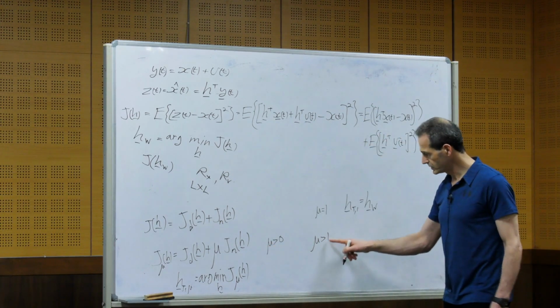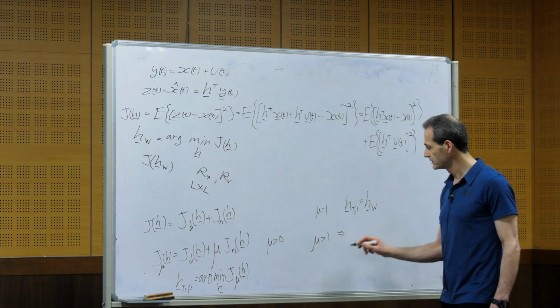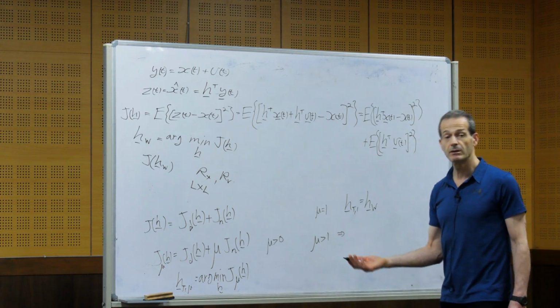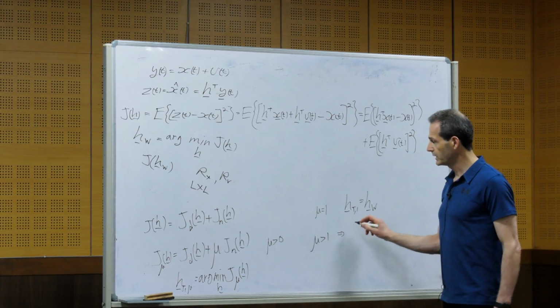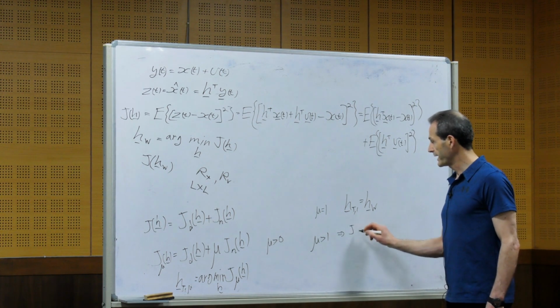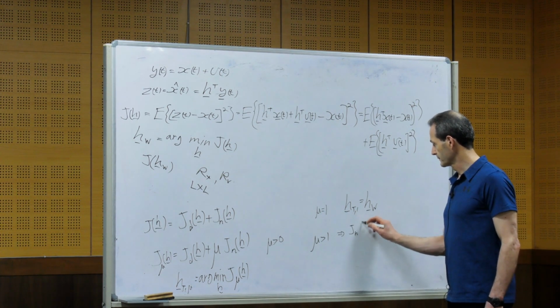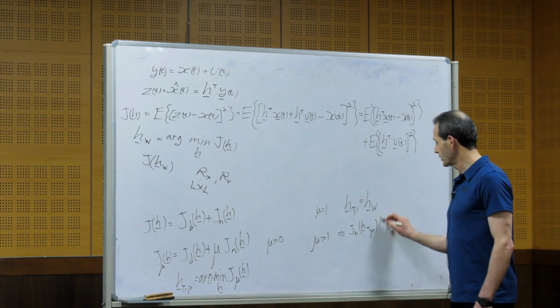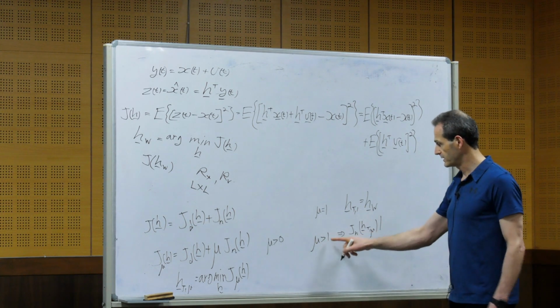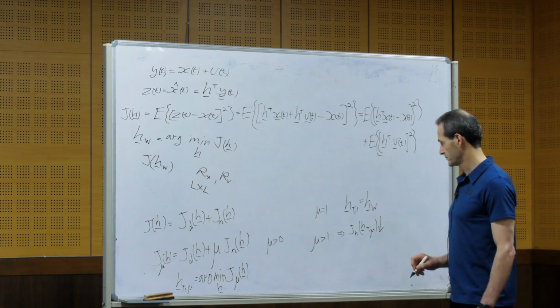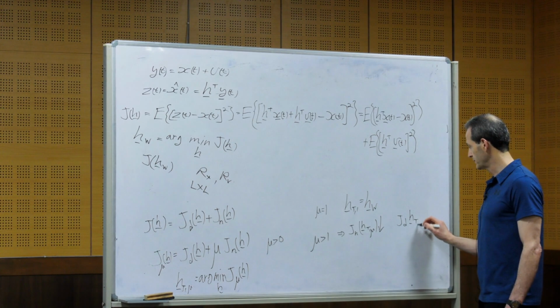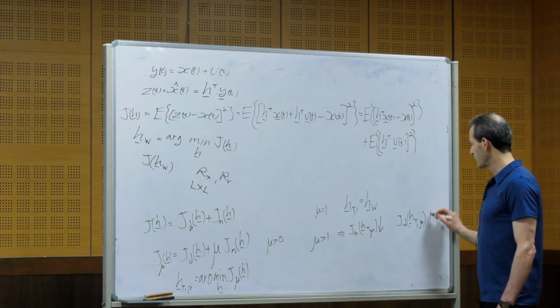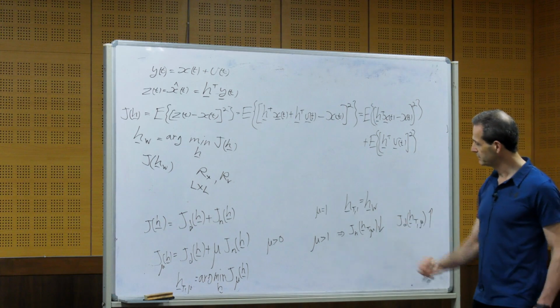So mu larger than 1 will result in more noise reduction, but also more distortion. Okay? So let's say that J_n(h_T,mu) will go down if this is large, but at the expense that J_d(h_T,mu) will go up when we try to minimize this.